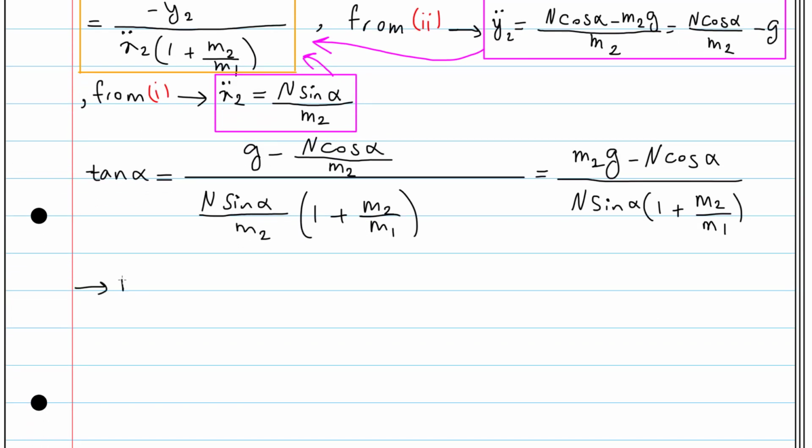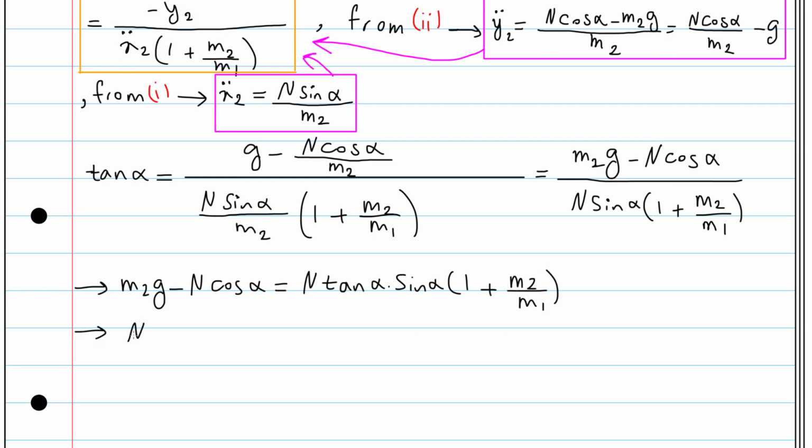We get m2 g minus n cosine alpha equals n tangent alpha times sine alpha times 1 plus m2 over m1.